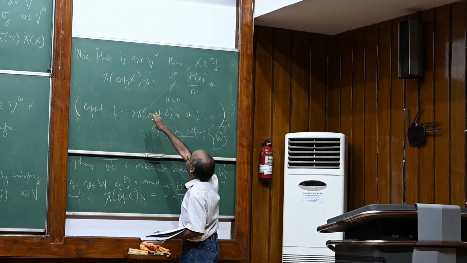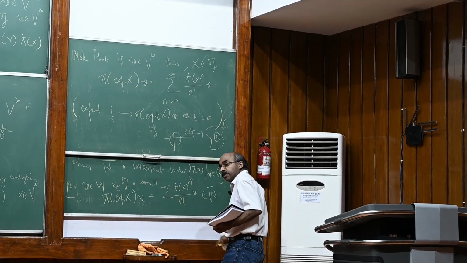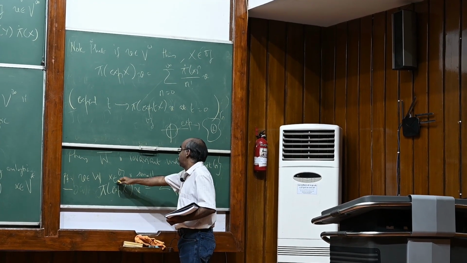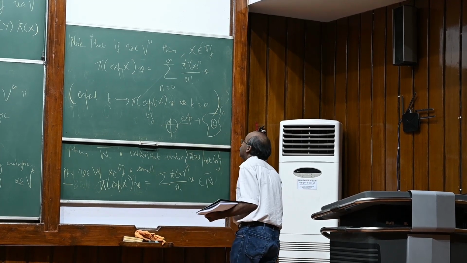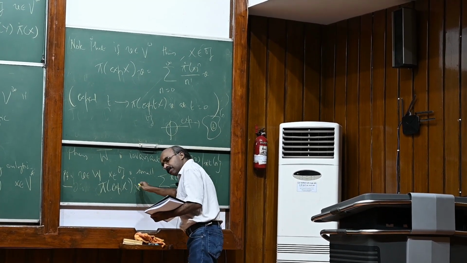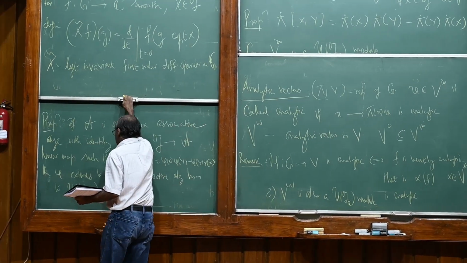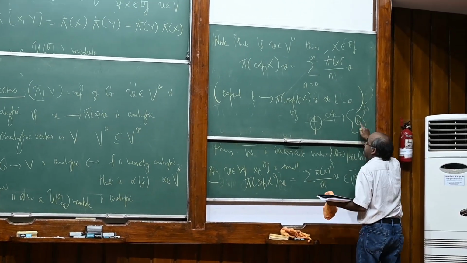So here, you can assume it to be small so that everything converges if you want. You want to say whether I should take x to be small or not, right? If that is true for every x, then we don't have to assume that x is small. Yeah, we need x to be small, yeah, exactly.